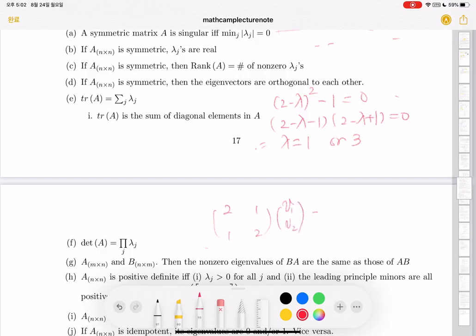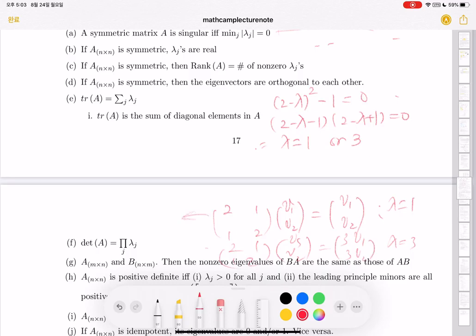So when lambda is 1, we have this 2, 1, 1, 2, and v1, v2. That's the vector v, which is v1, v2. For lambda is 3, we have 2, 1, 1, 2 times v1, v2 equals 3 v1, 3 v2.